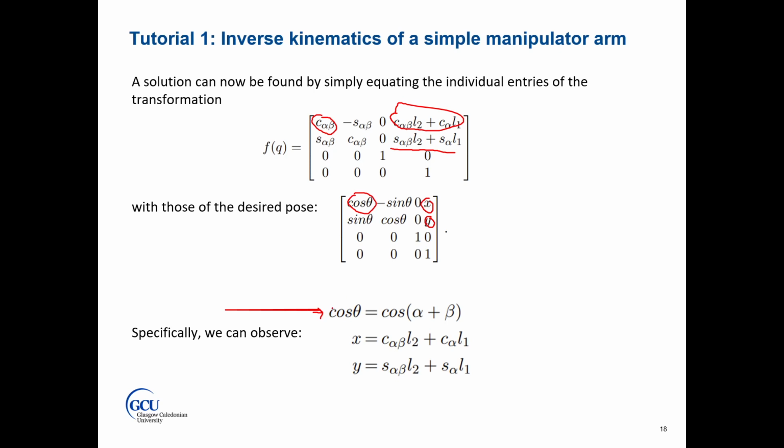So basically, given theta, x, and y, and making the association between the forward kinematics and our desired pose, we can isolate the three parameters into these very simple equations.